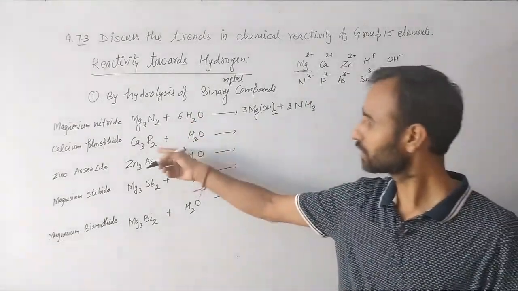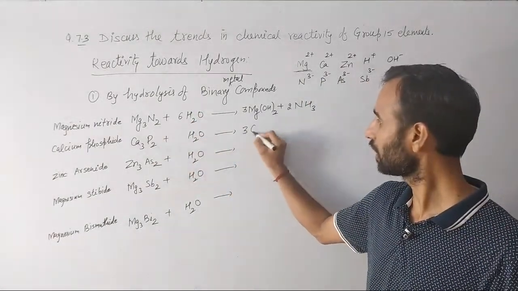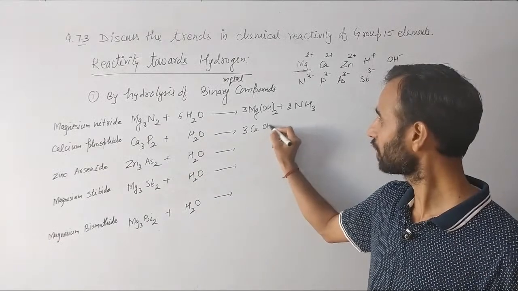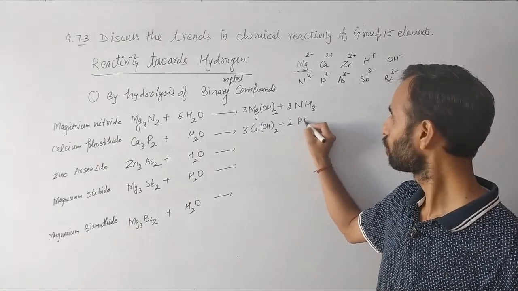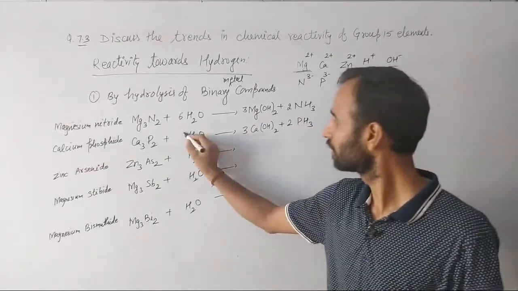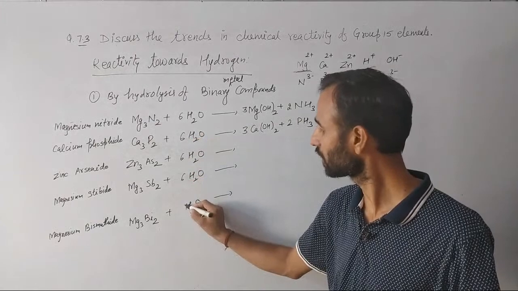Now what about this same case? 3 calcium hydroxide and 2 phosphine. All are, I think, 6.